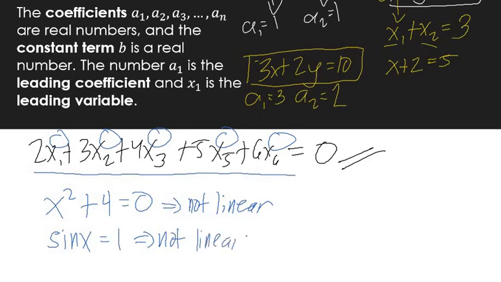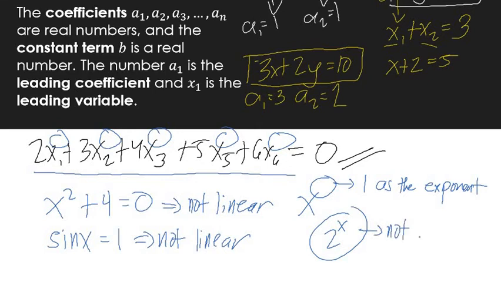So we have to make sure that our variable x, or it can be y, but usually it's variable x, should only have 1 as the exponent, and that is the only variable there. x cannot be an exponent itself, just like 2 raised to x. This is also not linear.